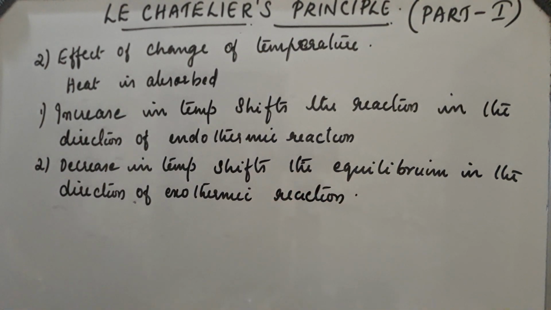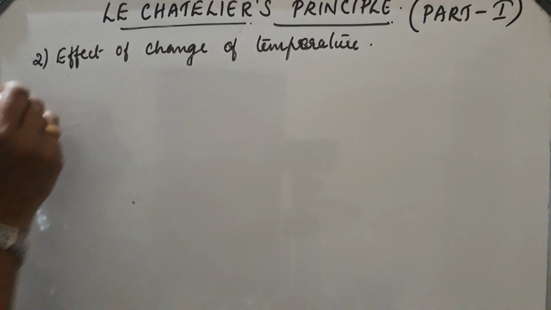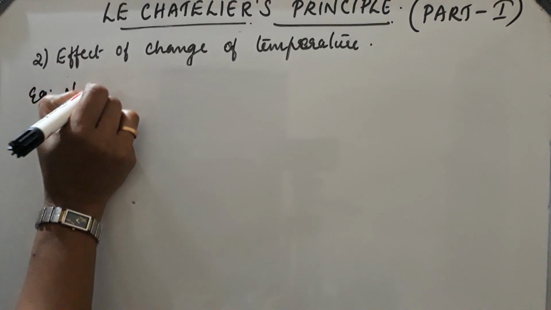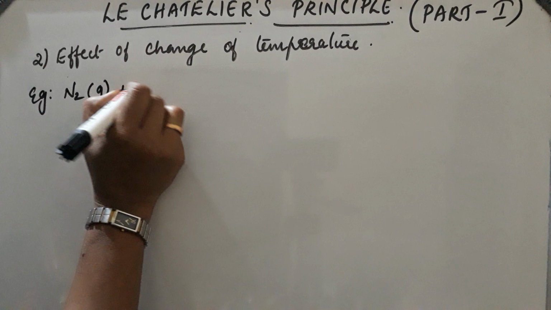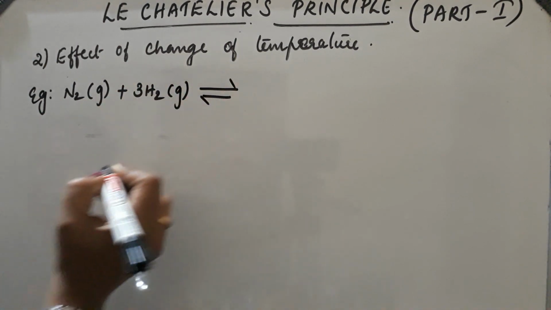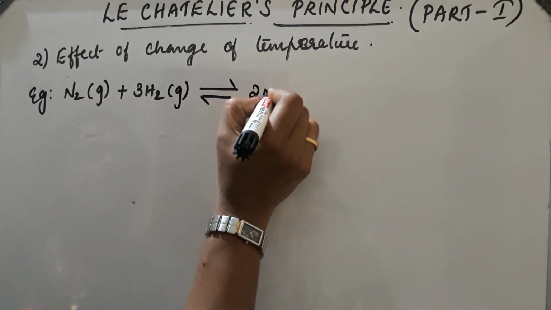Now, let us take one example, that is Haber's process, manufacture of ammonia: N2 gas plus 3H2 gives 2NH3.